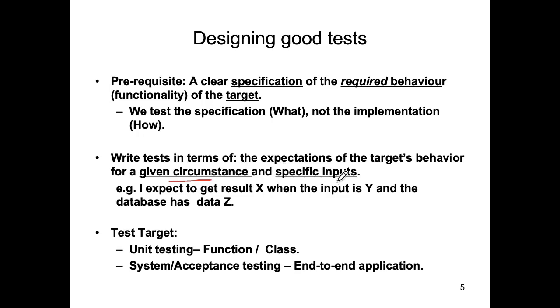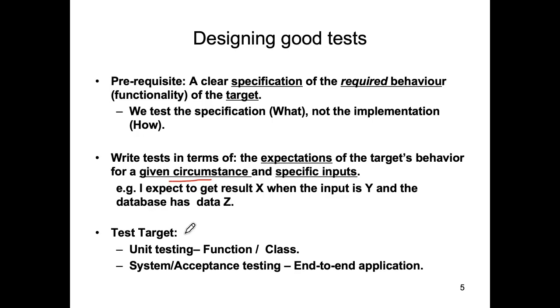The specific input would be what parameters you pass to the function, and the behavior would be what result it returns back to you. This is just a sentence expressing what a test should look like: I expect something to happen.